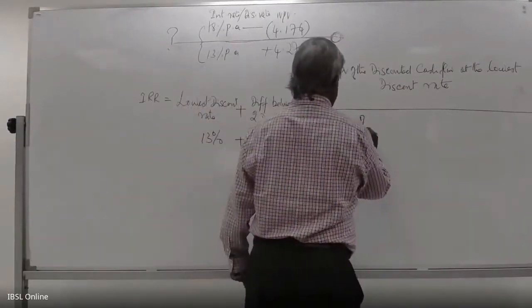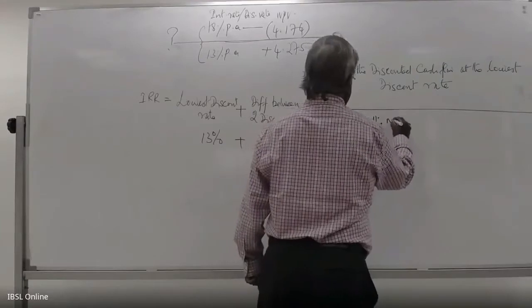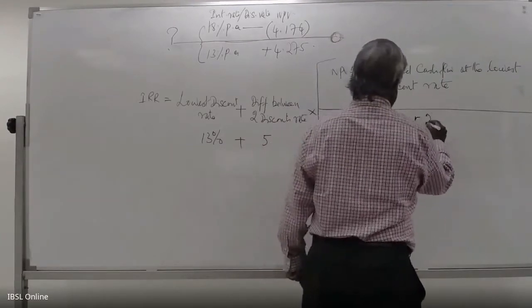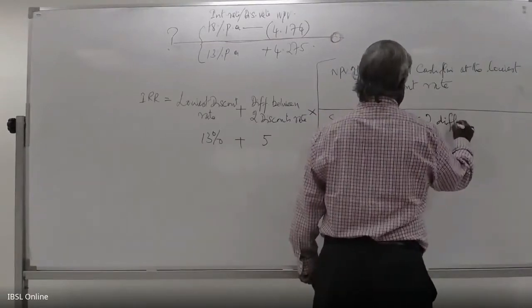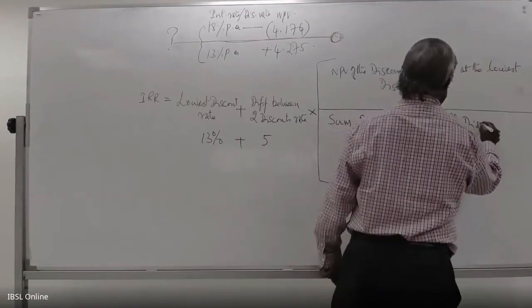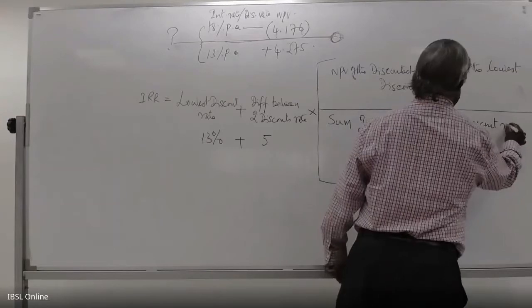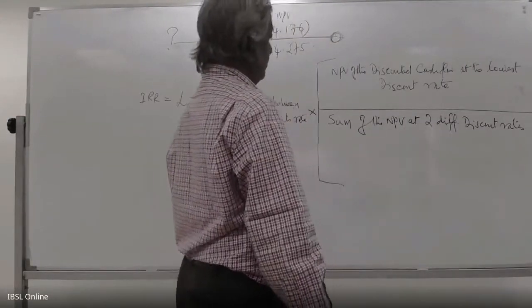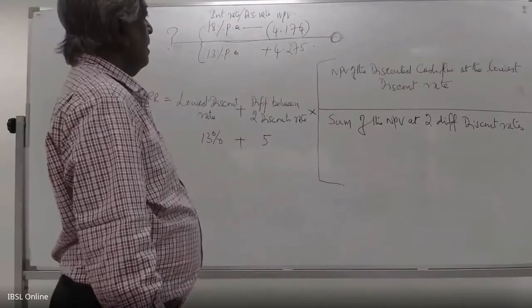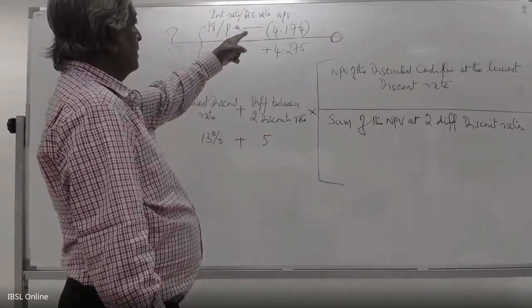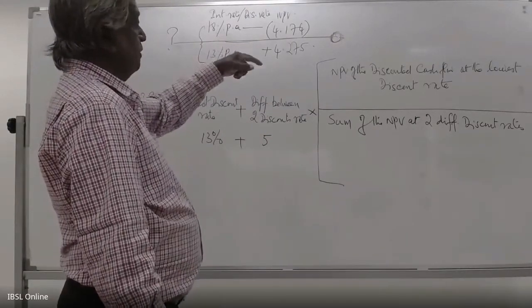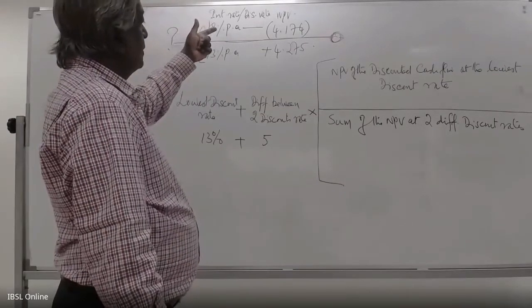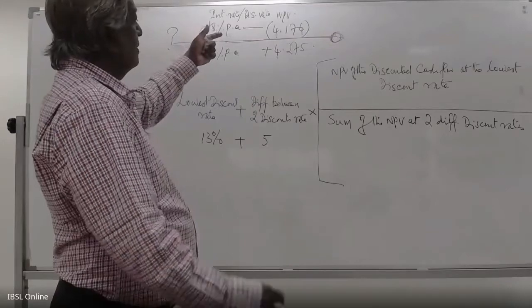Sum of the NPVs at two different discount rates. So here the first one is 4.174 and the second one is plus 4.275. But the problem is, the first one is negative.